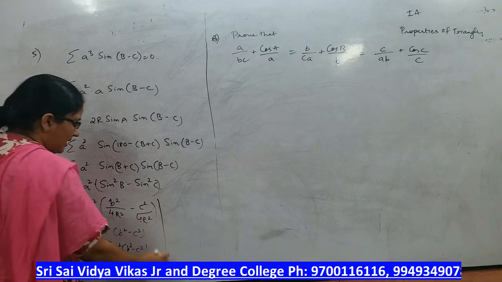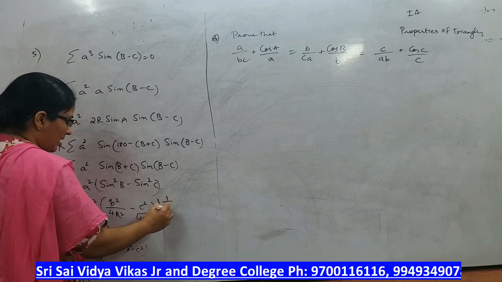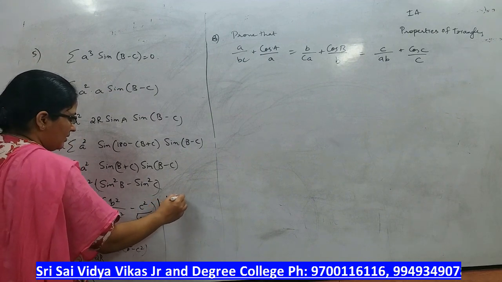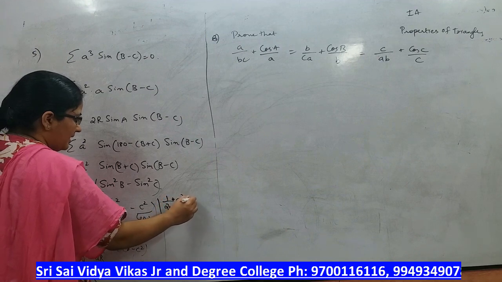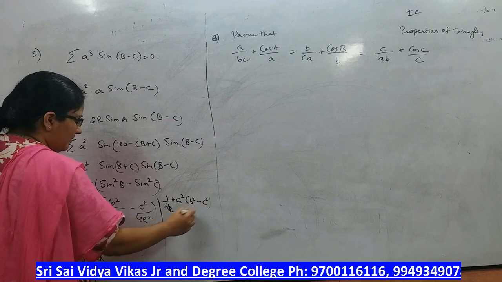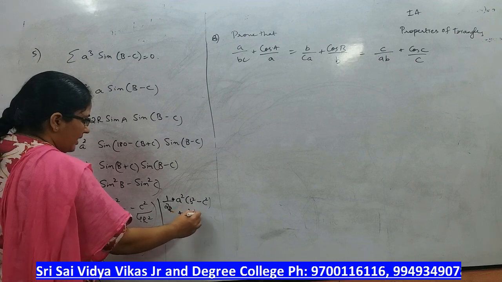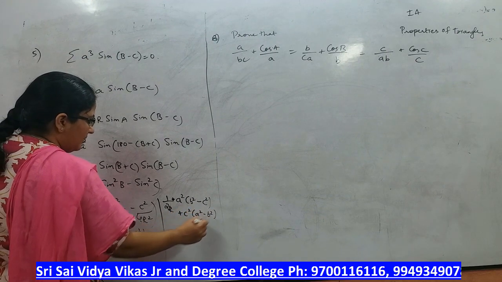Now this is nothing but 1 by 2R [a square into (b square minus c square) plus b square into (c square minus a square) plus c square into (a square minus b square)].